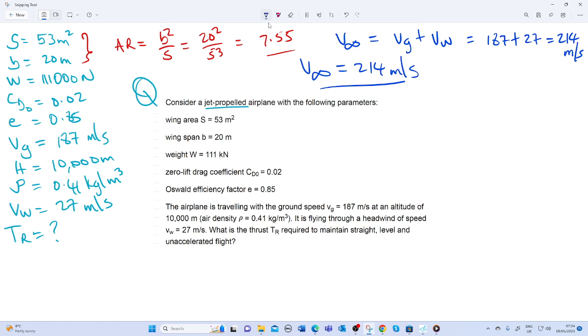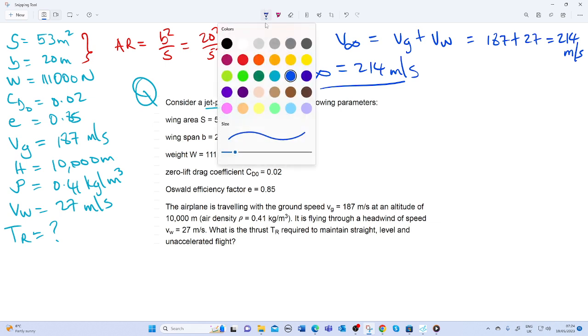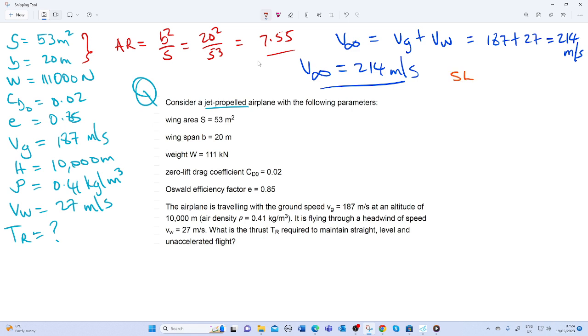Now, let us not forget that the aircraft is flying and is trying to maintain its stability in straight level unaccelerated flight. So therefore, the lift is going to equal the weight. So since it is so, the lift equals the weight, and the lift equals half rho S V squared CL.